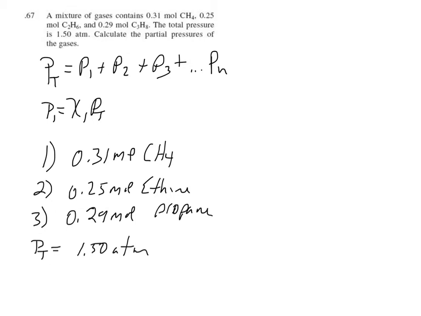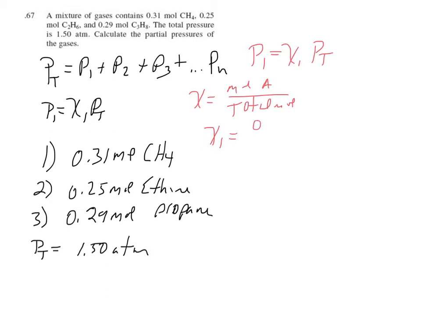So, let's start with gas 1. The pressure of gas 1, P1, is equal to chi1 times P total. So we need to determine what is the chi. Remember, mole fraction, chi, is equal to the moles of component 1 over the total moles. In other words, it's really just a percentage. So, to find chi1, this is going to equal 0.31 moles over the sum total of all the moles, 0.31 plus 0.25 plus 0.29.